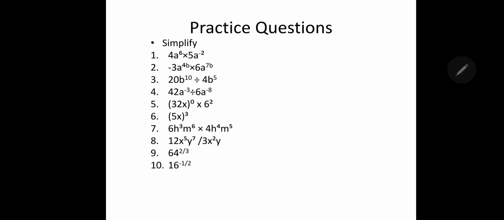Okay, so let's move on. Good. So how do you solve this? You have been asked to simplify. That's the preamble for all the questions. Good. So I've shown you how to do this. So write 4a to the 6 times 5a to the power negative 2.